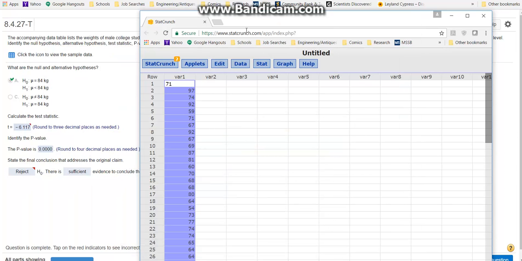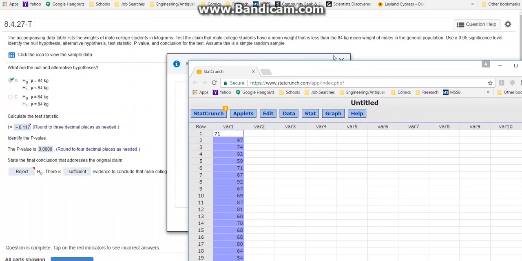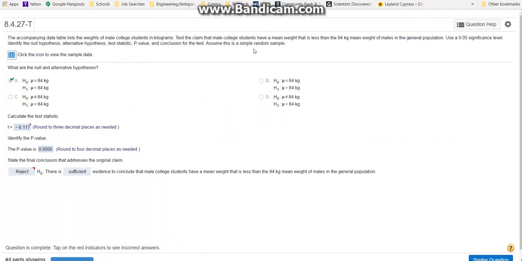Okay. Now, we are not given any population information, and the sample size is pretty close to 30, but we're not given any population data.